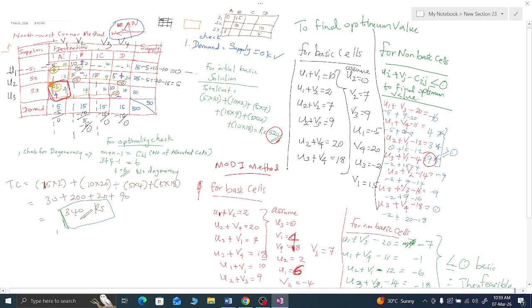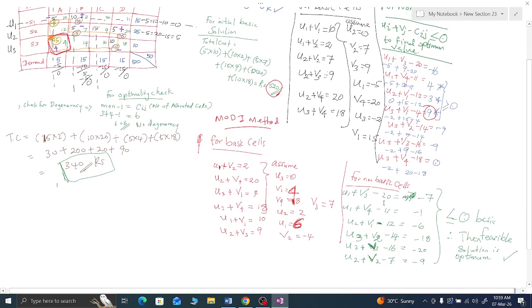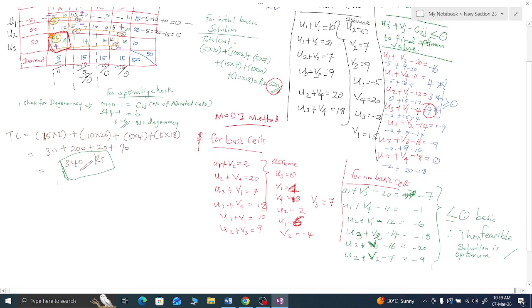One selected cell I chose and allocated as a basic cell. I made this assumption and found the shadow cost values. Then I put the values for non-basic cells and basic cells, and all of them become negative, below 0.